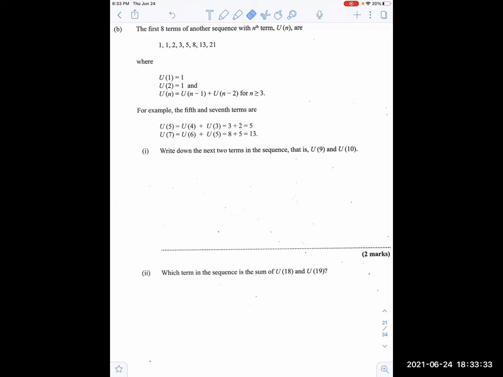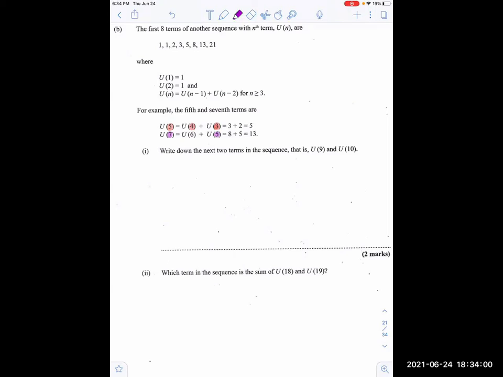What it says is that if you want to find the 5th term, you add the 4th term and the 3rd term. So we're really going 3, 4, 5. Do you all see that? Yeah, miss. If we want to find the 7th term, it is the 2 terms just before that.